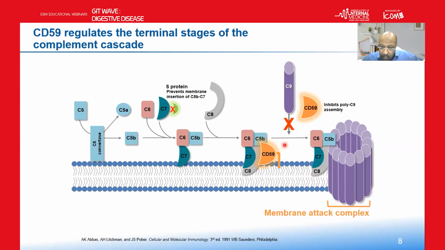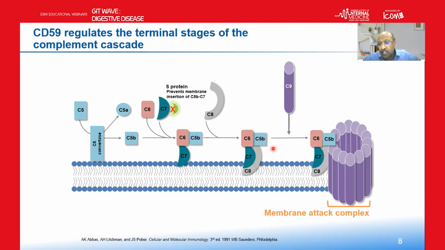Luckily in normal humans, they have CD55 and CD59, which protect the blood cells against this molecule. However, what happens in PNH, because of the lack of GPI anchor, is that these cells lack CD55 and CD59.